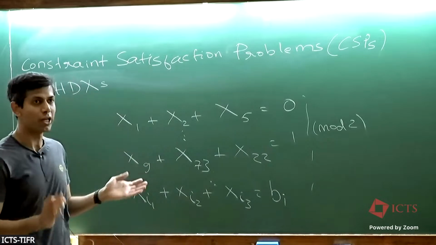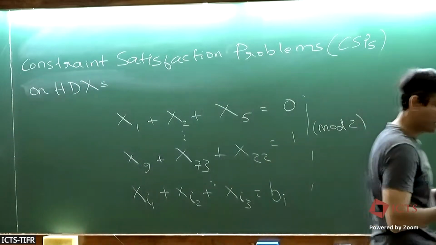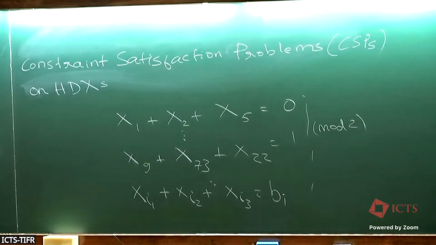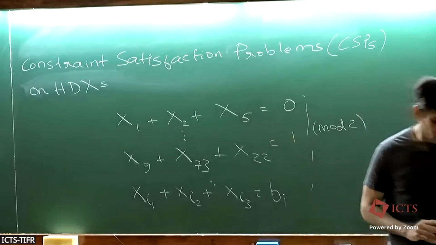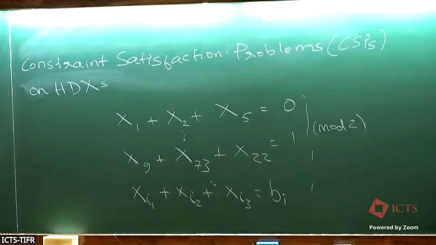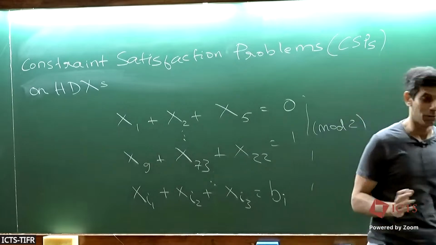So we have linear equations mod 2. Things I've written are linear equations in 3 variables. We'll mostly be concerned with this, but we'll also talk about more variables. But let's say linear equations mod 2 is our model for constraint satisfaction problem for today.